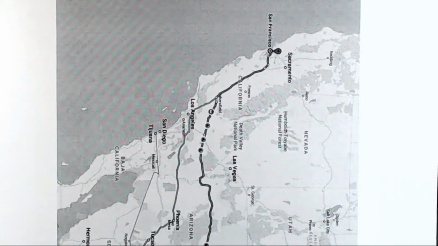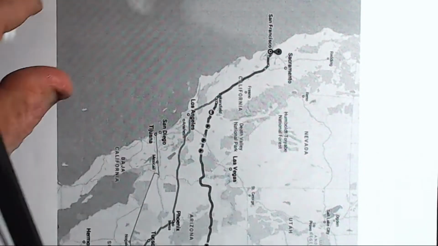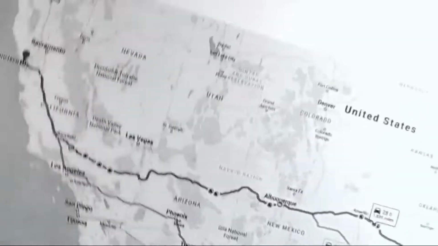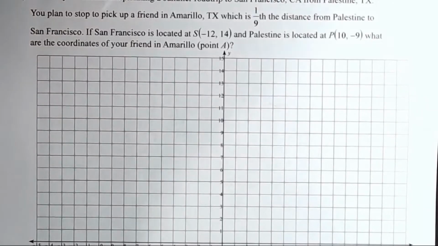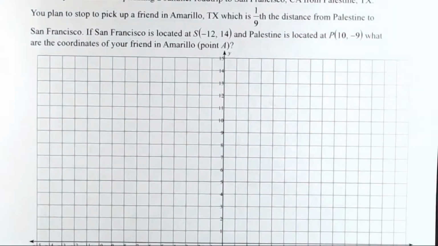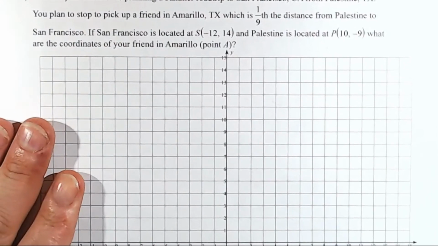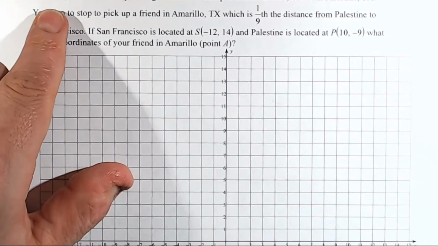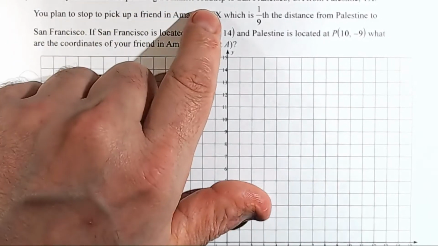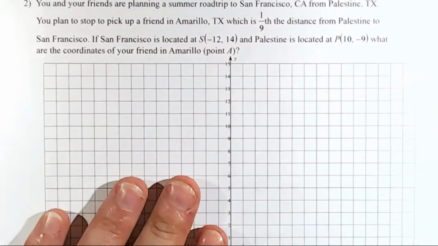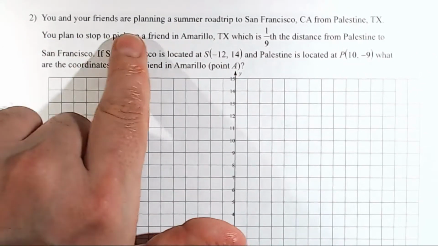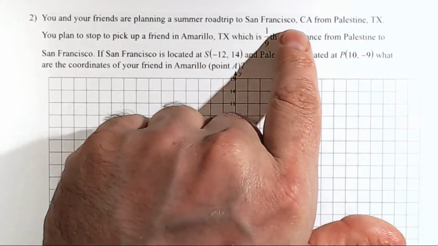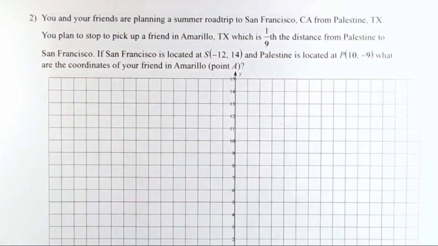Now the second one is fun, because on the second one we're going to take a road trip. All right, so let's take a look at the problem. Actually, I might have an image that I can show here. It says you and your friends are planning a summer road trip to San Francisco, California from Palestine, Texas.